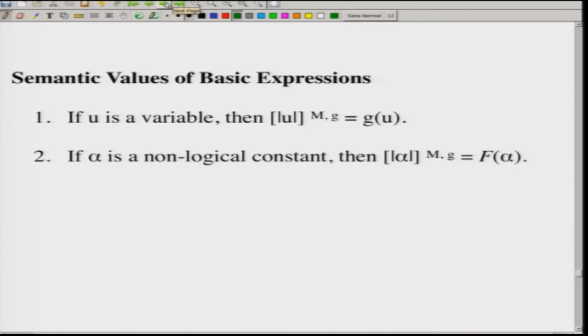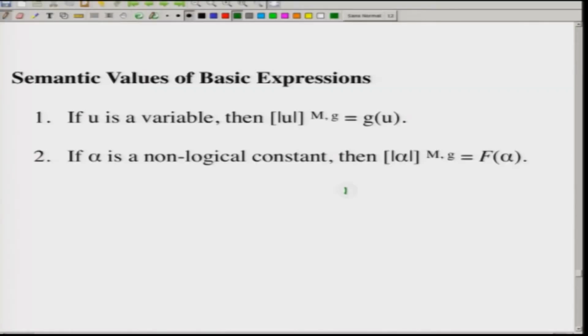If alpha is a non-logical constant, then its value is given by f. We have at least four non-logical constants: M and B, which are one place predicates, and L and K, which are two place predicates.